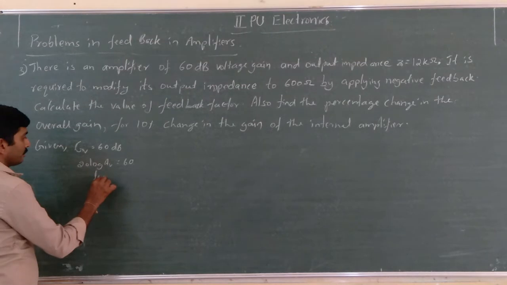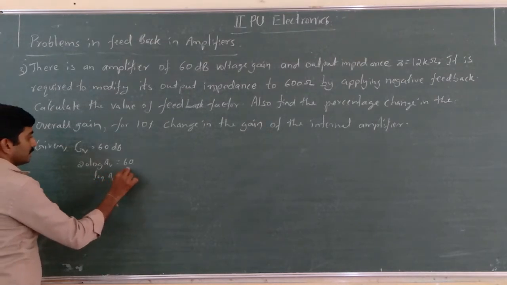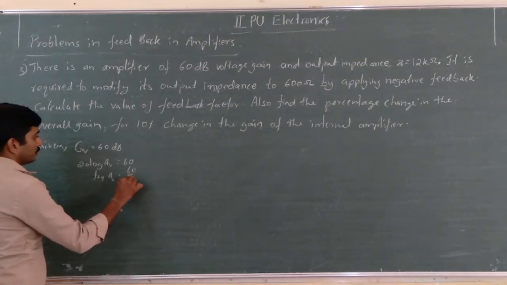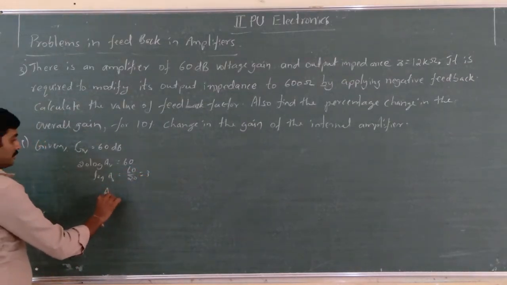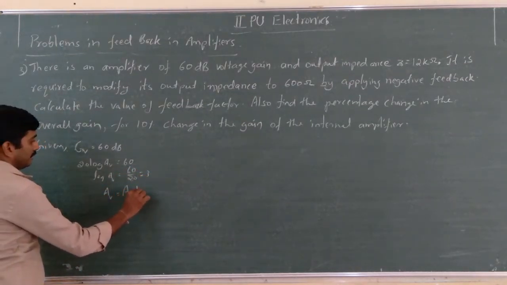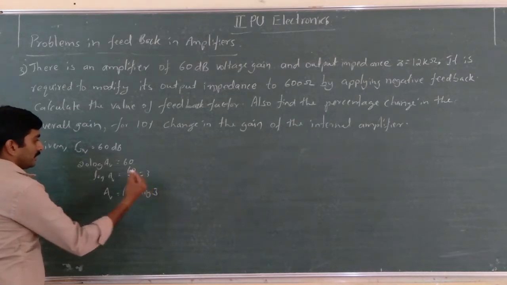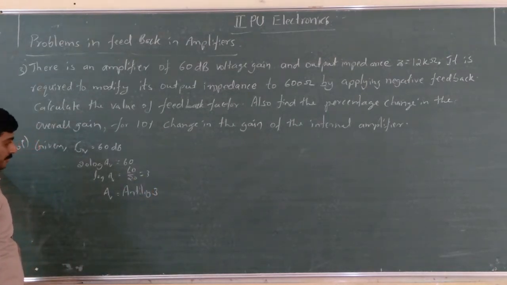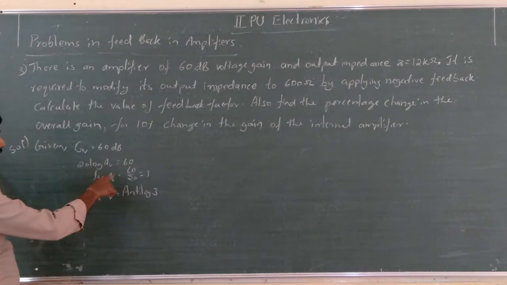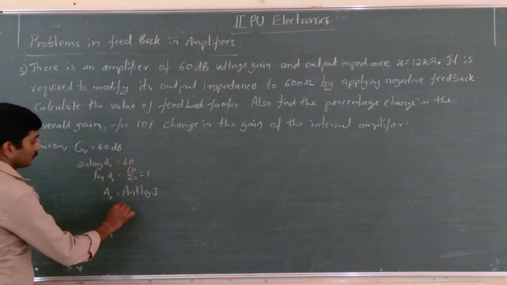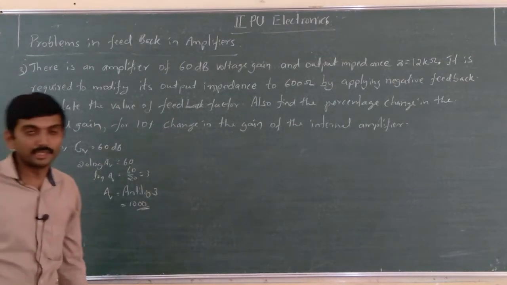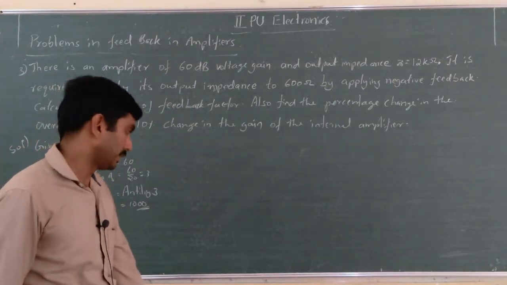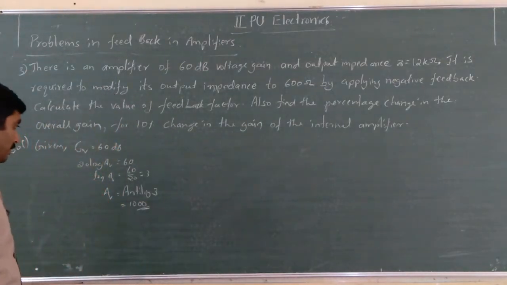So log Av equal to 60 by 20, equal to 3. Av equal to antilog of 3, or 10 to the power of 3, that is equal to 1000. So gain A equal to 1000, 10 to the power 3. Log 1000 is 3.